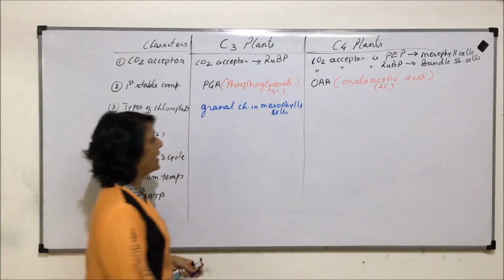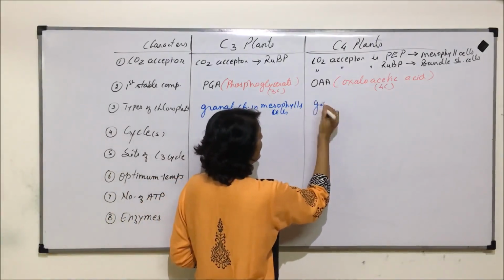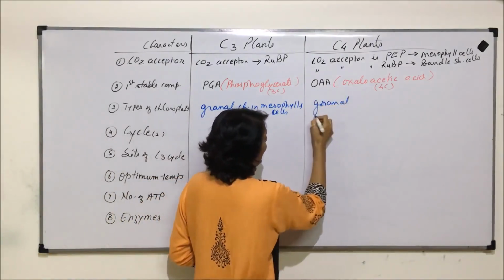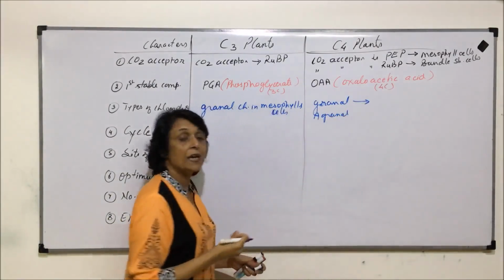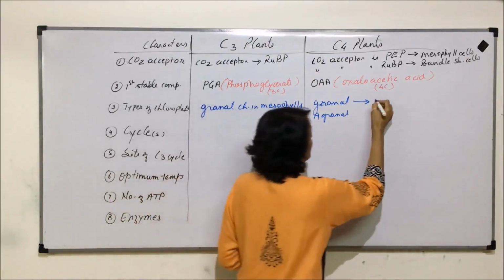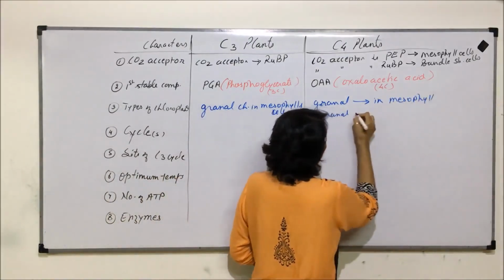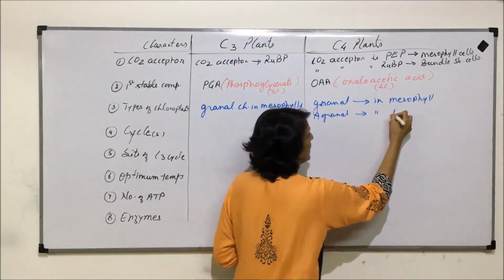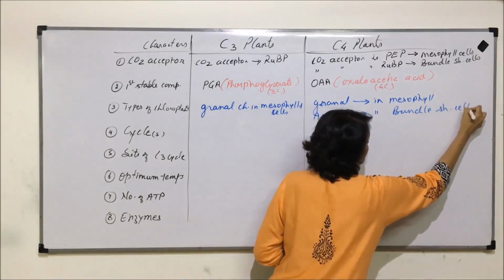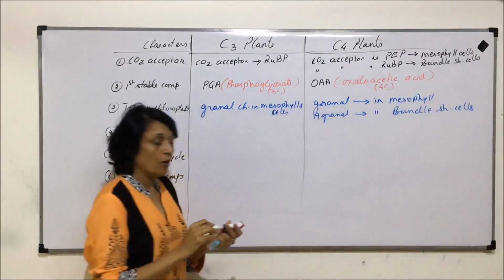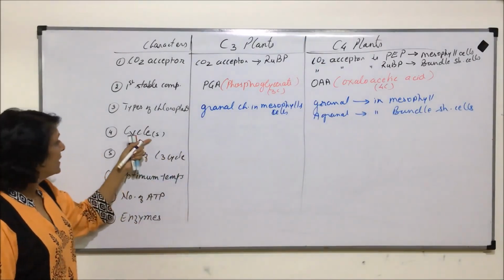In C4 plants, there are two types of chloroplast: granule and agranule. Granule chloroplasts are present in mesophyll cells, and agranule are present in bundle sheath cells. So, in C4 plants, there are dimorphic chloroplasts.